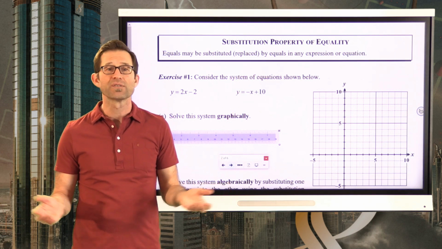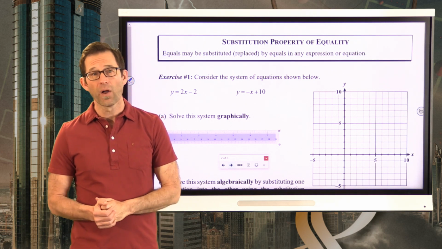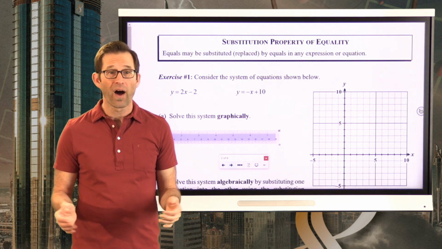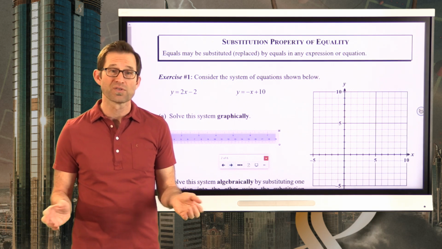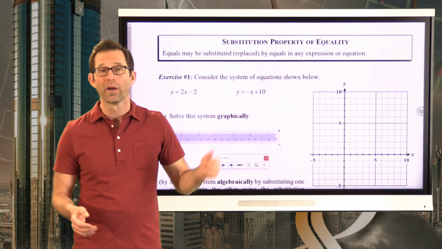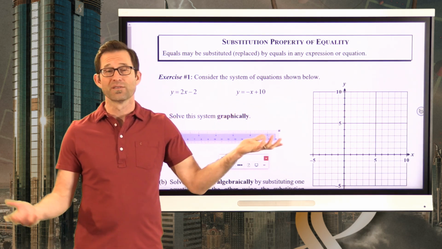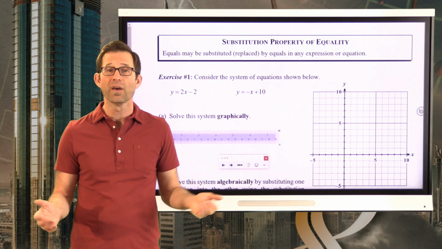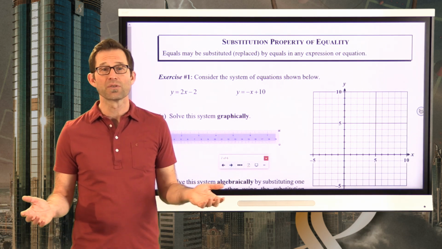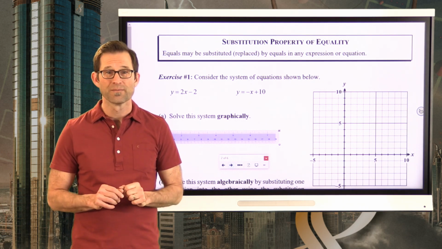So like for instance, the number 5 is equal to 2 plus 3. So if I ever felt like it, I could replace the number 5 with 2 plus 3 because 2 plus 3 and 5 are the same thing. Like in this equation of this line, if I really wanted to, I could replace 10 with 15 minus 5 because 15 minus 5 and 10 are the same thing. It's just called the substitution property of equality. Equals may be substituted for equals.